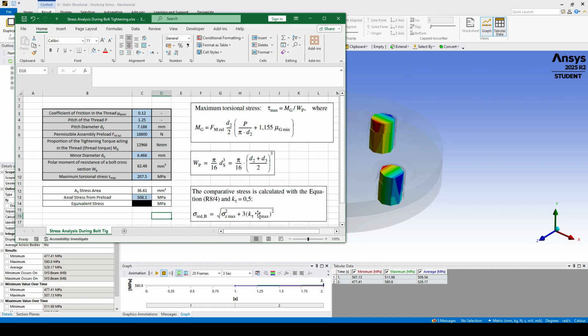This factor is nothing more than a reduction factor used according to VDI, and it's around 0.5. This formula is already prepared in this table, and if you apply it using the axial stress from the preload and the torsional stress, we come to the final equivalent stress, which is around 595 or 596 megapascal.